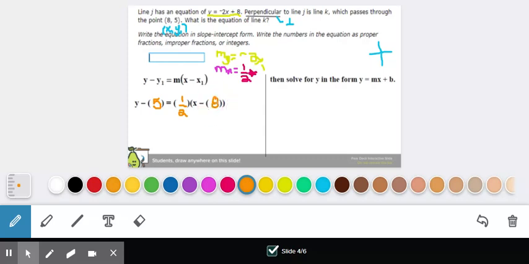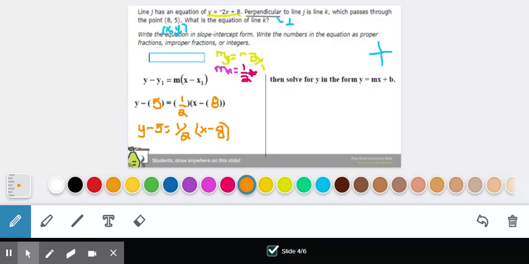So that means that I'm going to have y minus 5 equals 1/2 x minus 8. Whew, I got my new equation.